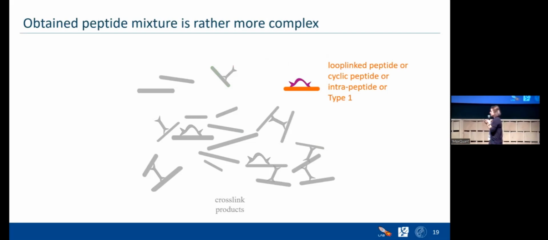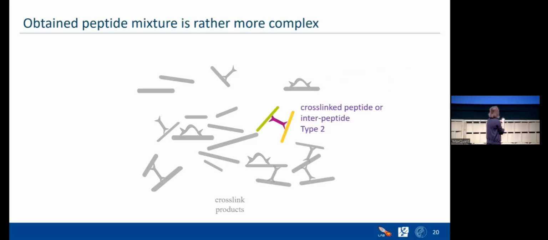And there are also other types, like this loop link, or cyclic, or intrapeptide. It's called intrapeptide because the crosslinking happens on the peptide itself. This doesn't give as much information as two peptides crosslinked to each other, but we also have this, and we have the crosslinked peptides, interpeptide, which are also called type 2.